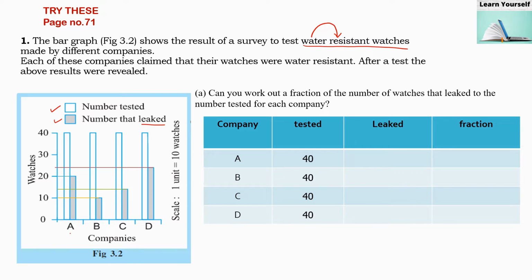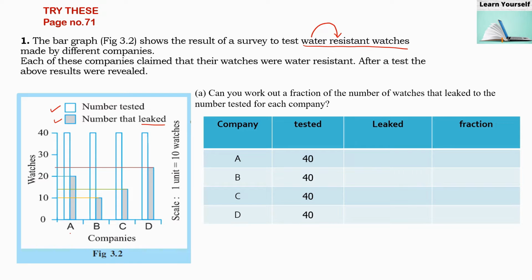So if the company has a maximum number of watches which leaked, that means it is not good. This count should be low, as low as possible. Then only that company has good watches. So now let us find out how many leaked watches there are for each company.